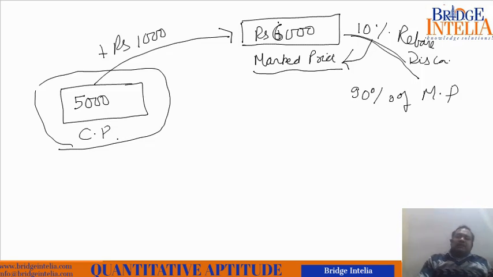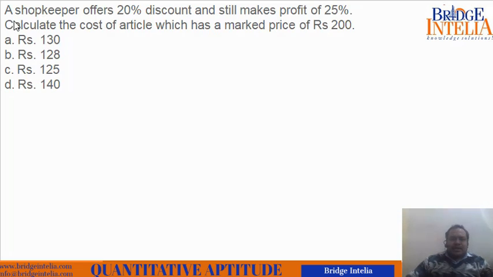So let us see what kind of questions have been asked from this domain over the years. Let's see this one. A shopkeeper offers 20% discount and still makes profit of 25%. Calculate the cost of the article which has a marked price of rupees 200. So marked price 200. So this shopkeeper has offered a discount of 20%.